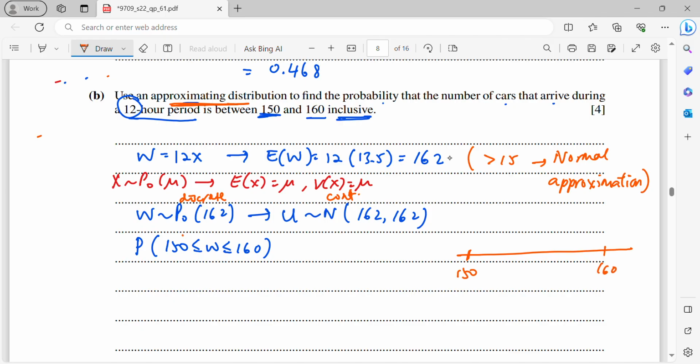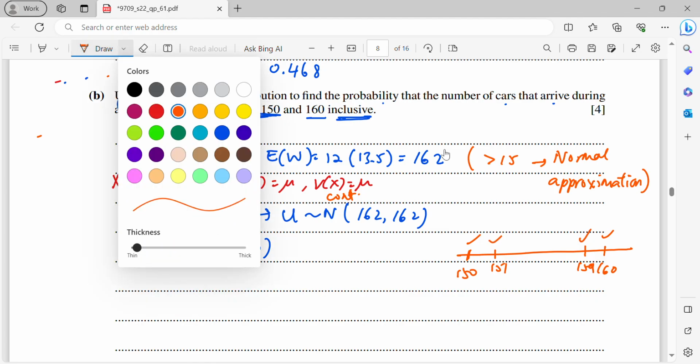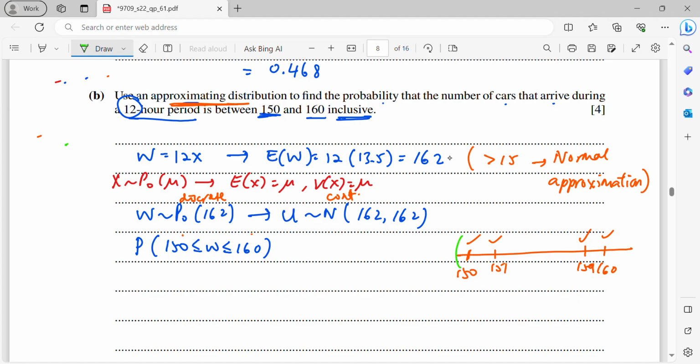Firstly, I will label 150 and 160, and then it's inclusive, and then I have to accept all these values for my W. Okay, so now for the U, I can plus or minus 0.5 from the given values. So it means that it's either 149.5 or 150.5, then here 159.5 or 160.5.